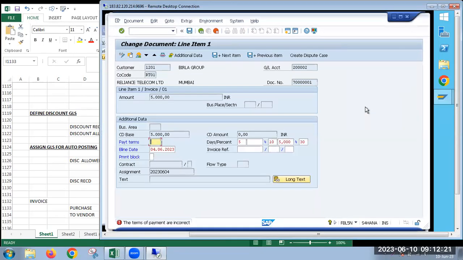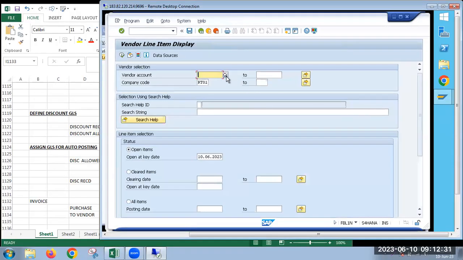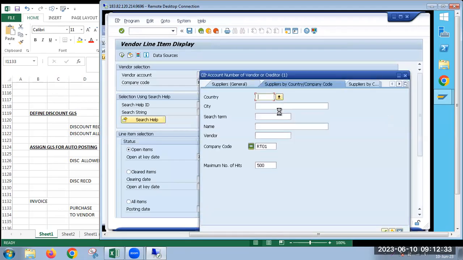Let's take the vendor report. FBL1N vendor line item, Adani.